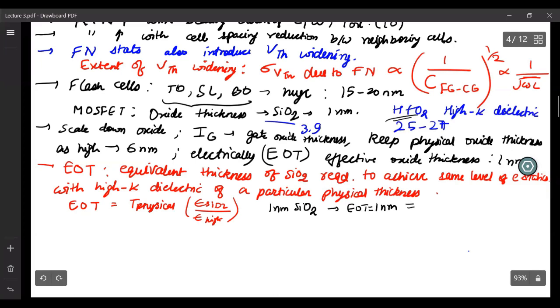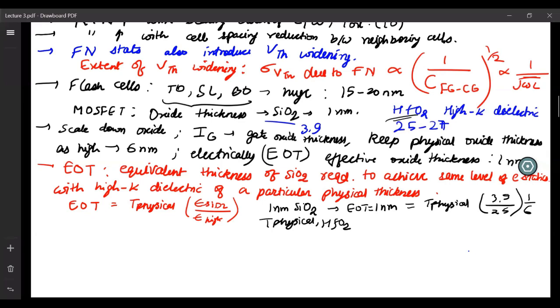We don't know exactly what T physical of HfO2 we require. The k of SiO2 is 3.9, and let's say this is 25, so the ratio is approximately 1 by 6. So your T physical of HfO2 required to achieve the same level of gate control as 1 nanometer of SiO2 is 6 nanometers.